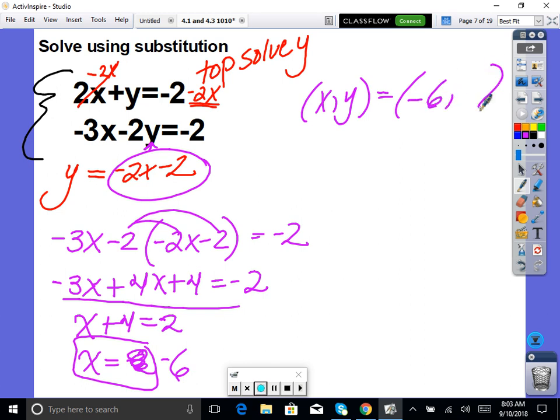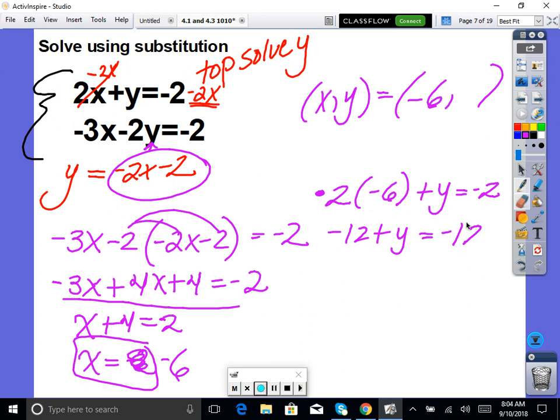Now let's find out. Plug in negative 6 for x, either top or bottom. So I'm going with the top again, just because I'm going to make a bullet point so I can keep my work a little bit pretty. 2 times negative 6 plus y equals negative 2. So negative 12 plus y equals negative 2. Add 12.